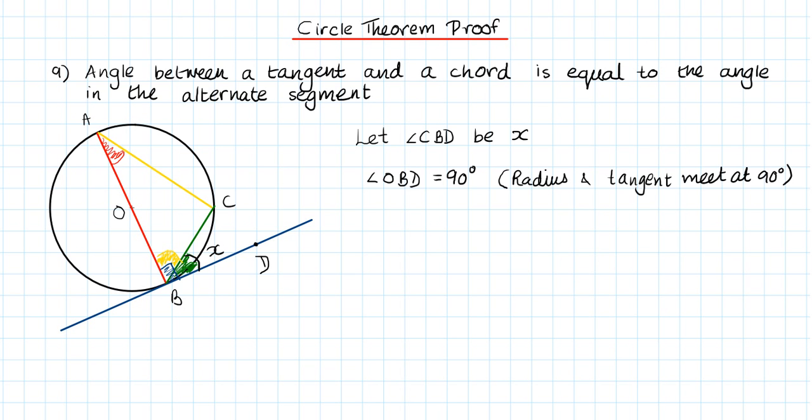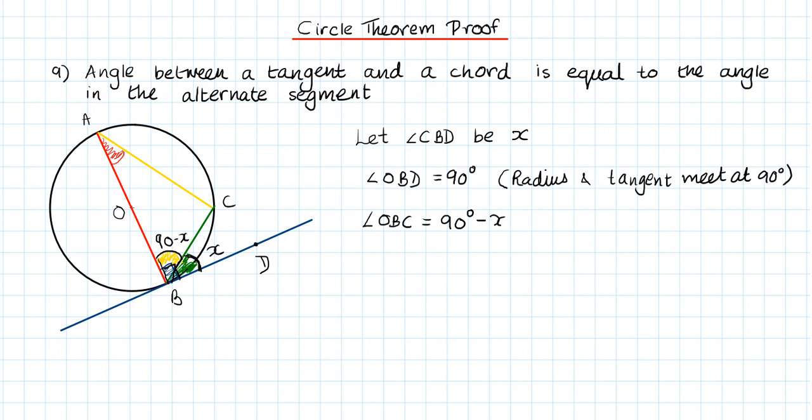Angle OBC would have to be 90 degrees minus x, because the full angle is 90 degrees, this much is x, so this much has to be 90 minus x.